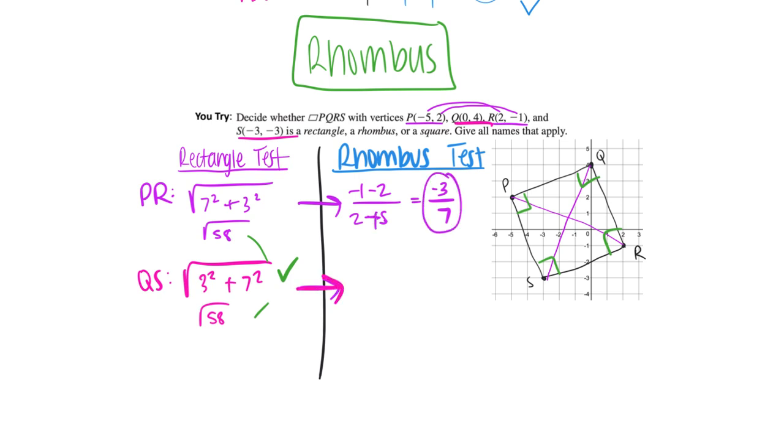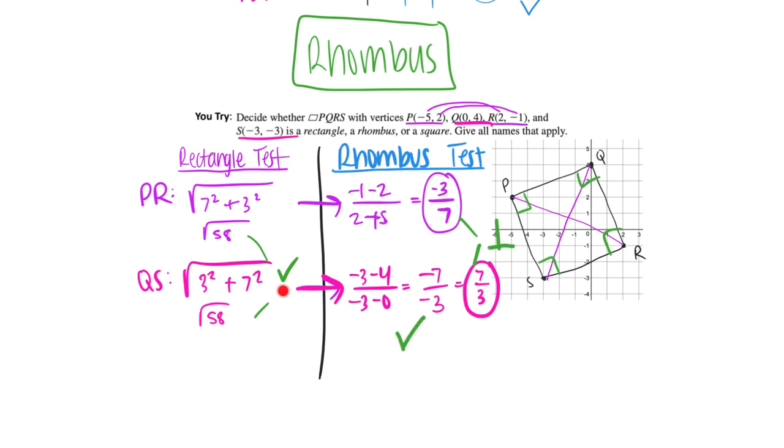And then the slope of QS, so let's see, it would be negative 3 minus 4 over negative 3 minus 0. So that's negative 7 over negative 3, which turns positive. So that's positive 7 over 3. And if you compare those two slopes, those are definitely opposite reciprocals. So that means they're perpendicular, which means it passes the rhombus test.